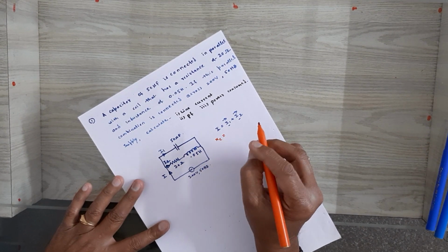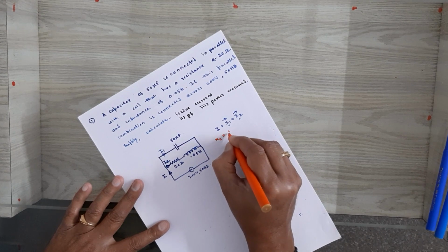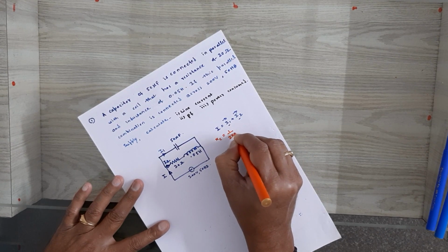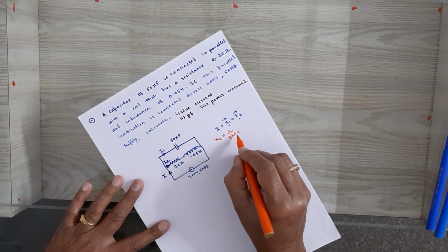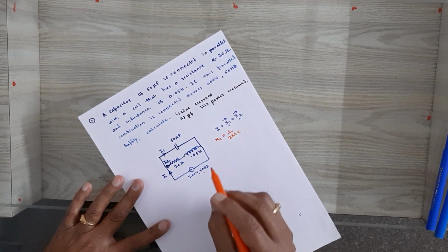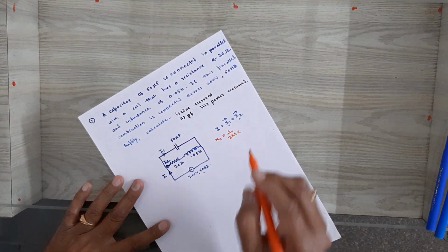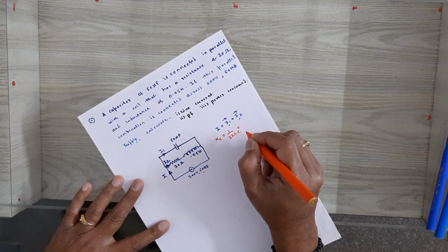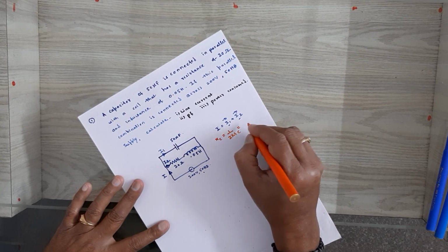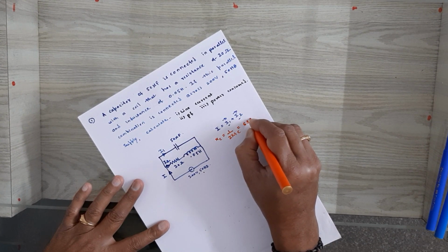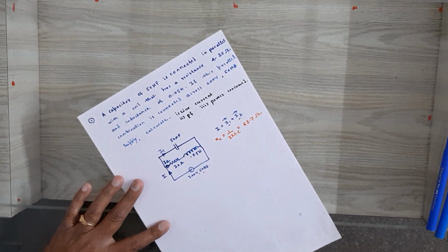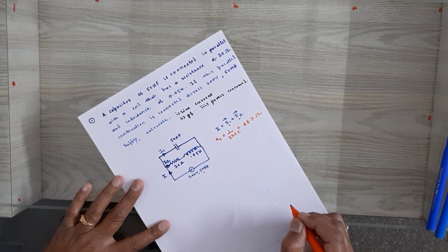Xc is equal to 1 by 2 pi f into C. You have to substitute f is 50 is given, C is 50 microfarad. Then what you are getting here is 63.7 ohm.